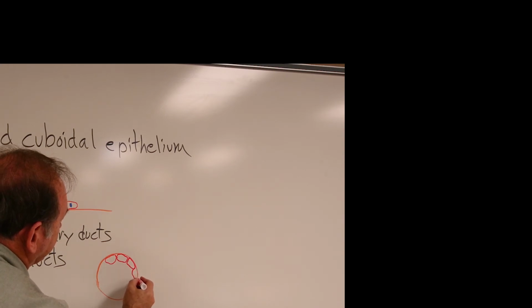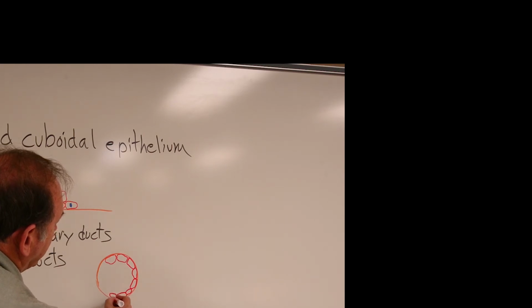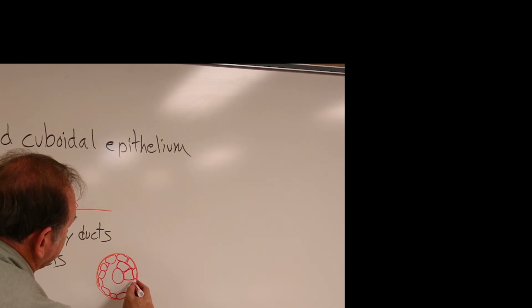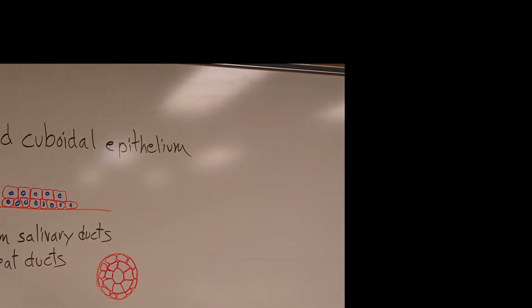So we would have one layer of cells up against the basement membrane here, the more irregular cells. And then out toward the middle we would have a fairly even lumen space here with our cuboidal cells spaced out around this. So that would be a stratified cuboidal epithelium in a duct, like a sweat duct.